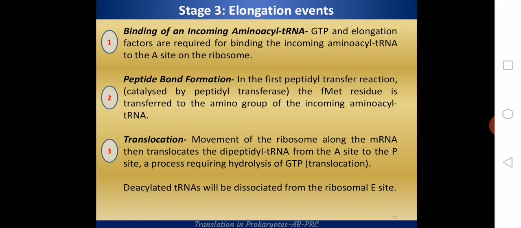The deacylated tRNA which was at the P site might have shifted to the E site, and this process is called translocation. This again consumes GTP. And finally, the deacylated tRNA from the E site will be dissociated out of the complex by the next round of translocation.